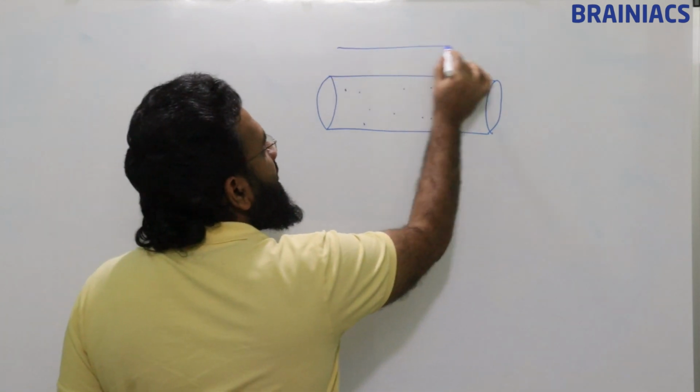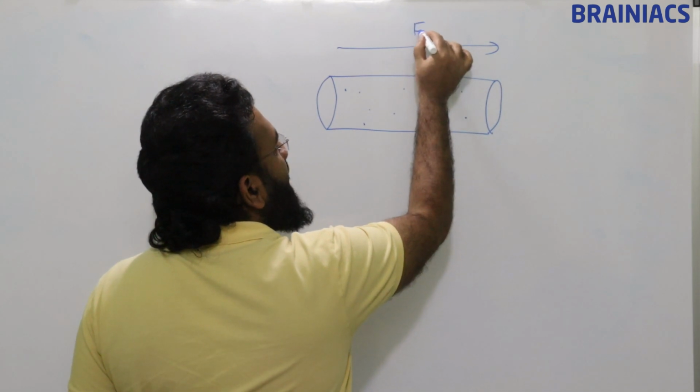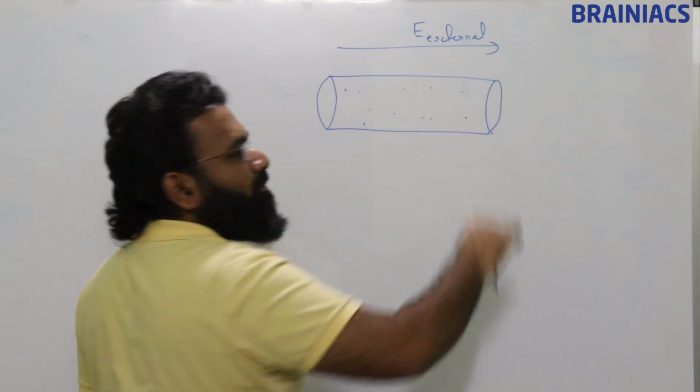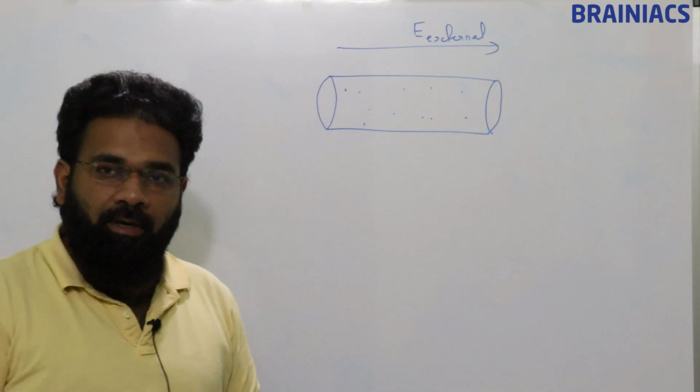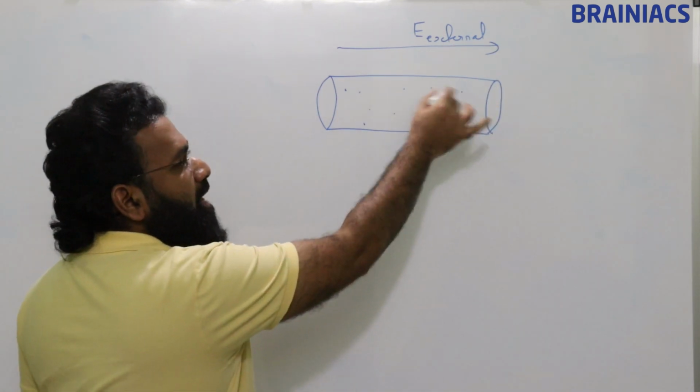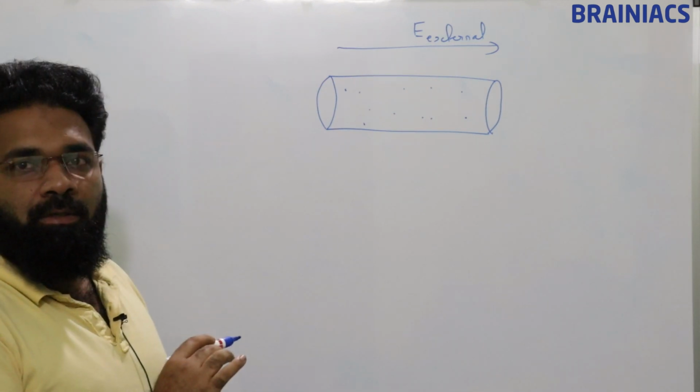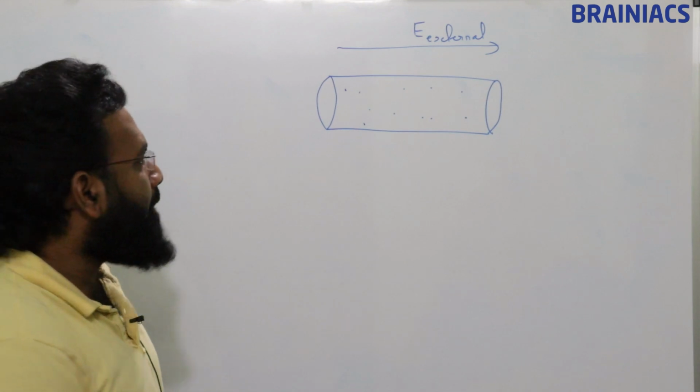Suppose we are able to apply an external electric field to these randomly moving electrons inside the conductor, what will happen?